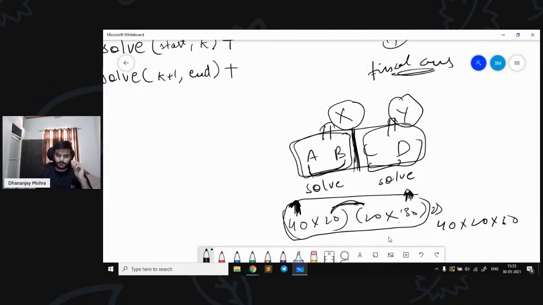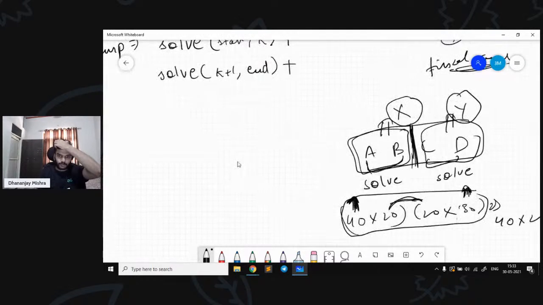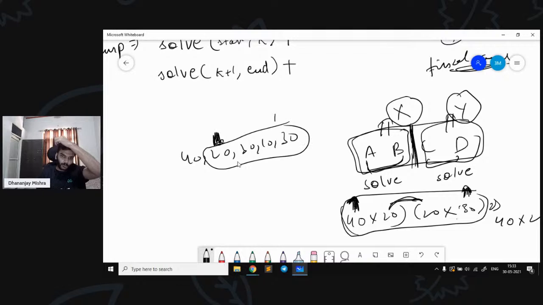So for calculating the cost of multiplying X and Y, if this was our range 40, 20, 30, 10 and 30, and I want to calculate the cost of this one, what will I do? Suppose I did the partition here.